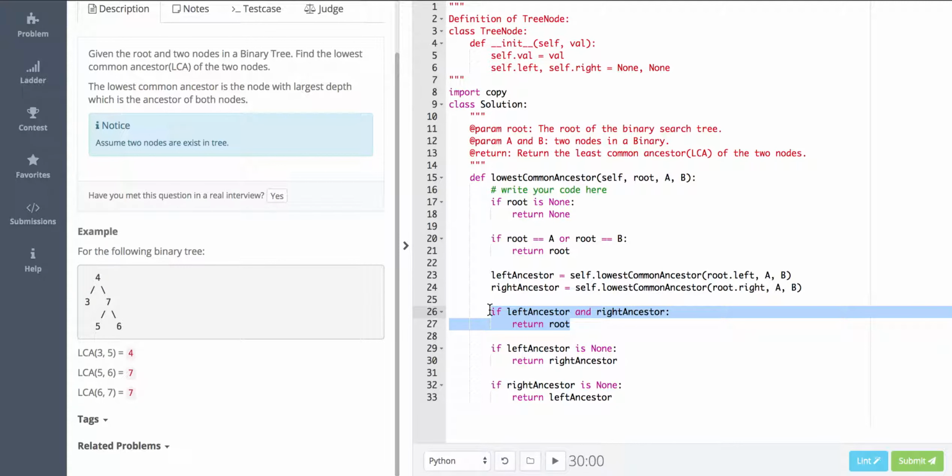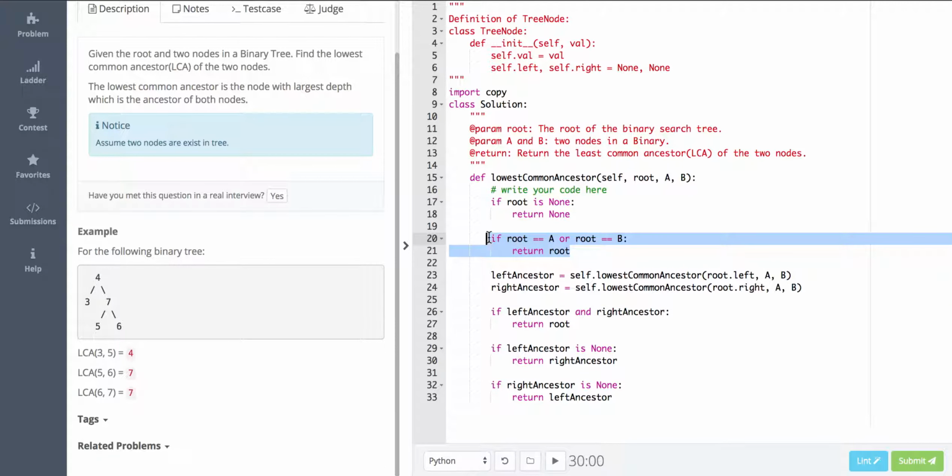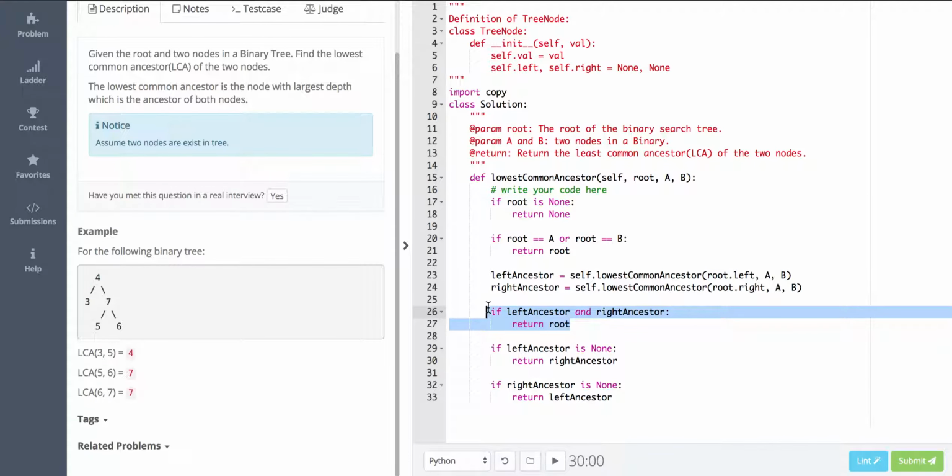They're in different subtrees, so the root is the common ancestor. So we return root. This could happen because if we match one of the nodes as the root of a subtree, we just return that, but it could be wrong, so it gets fixed here. So for those students who have this issue, this is your answer.